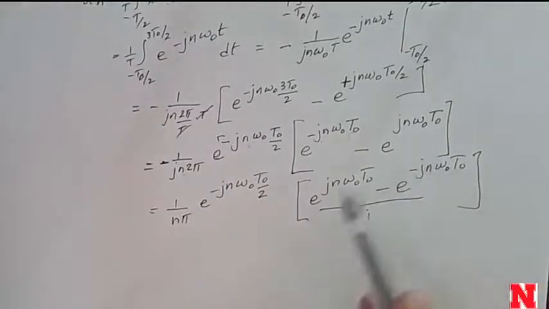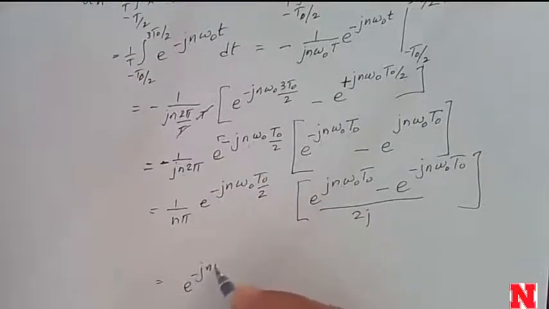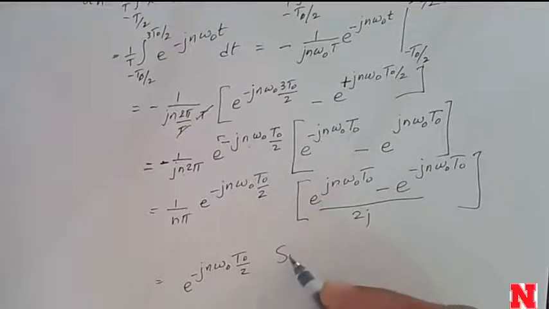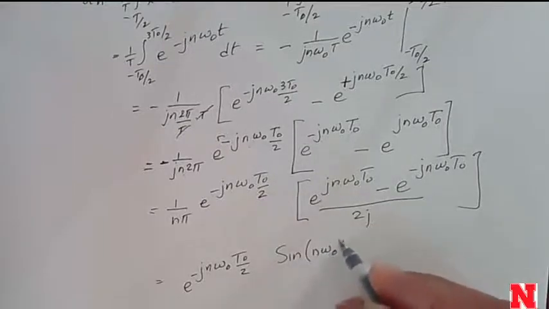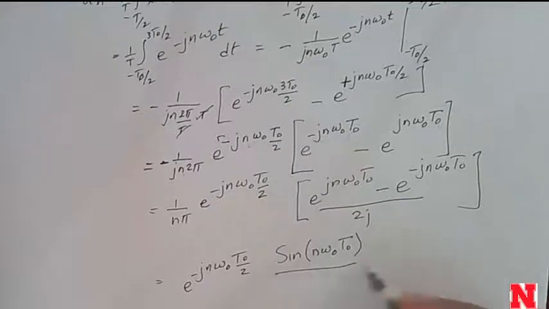And that's just sine. So I have e to the minus jn omega naught t naught over 2. And now I have sine of n omega naught t naught, which is this thing, divided by n pi.